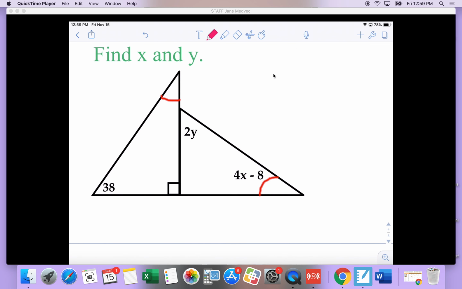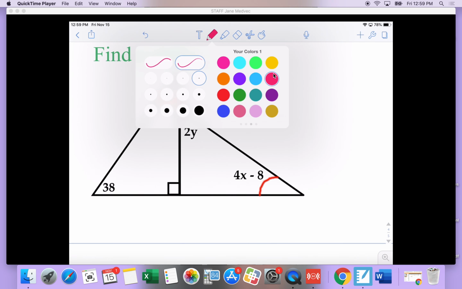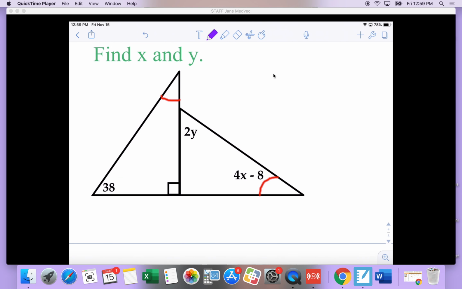Here's X and Y on this one. How do I solve for this? Okay, so this is 4x minus 8 because it's the same as this angle right here.